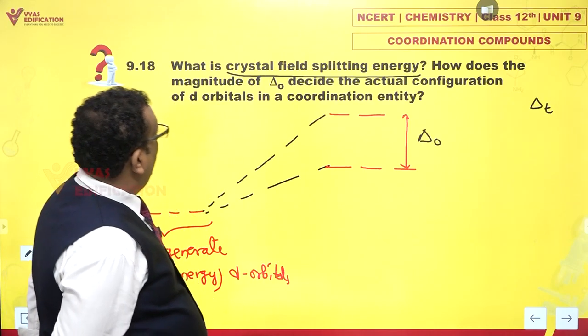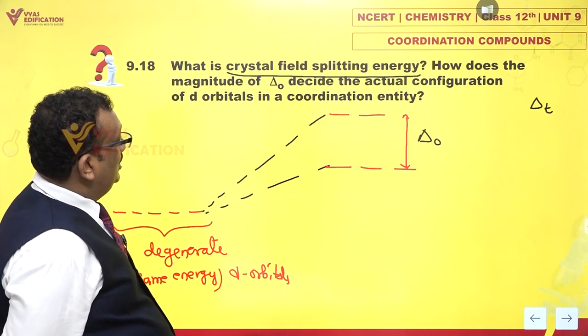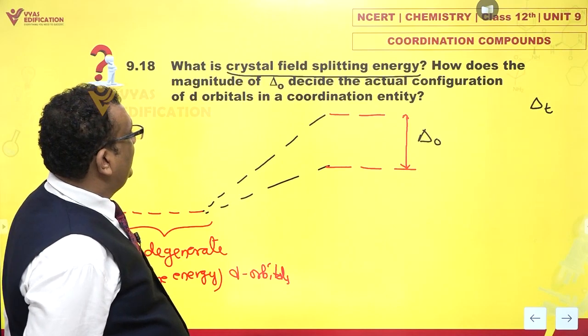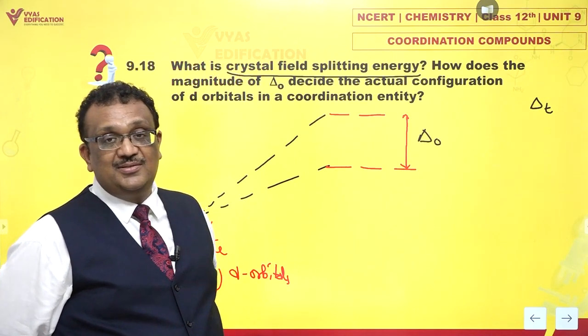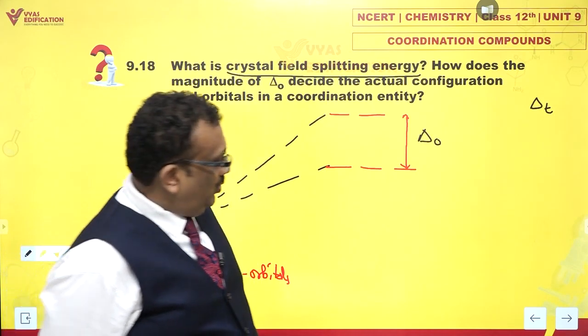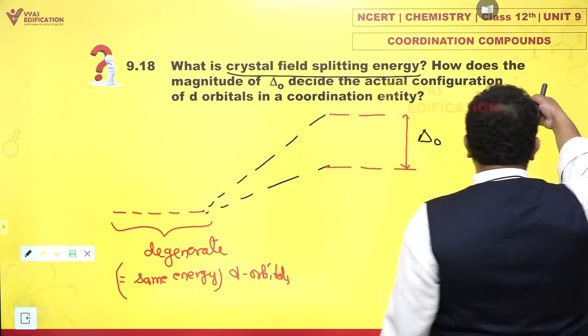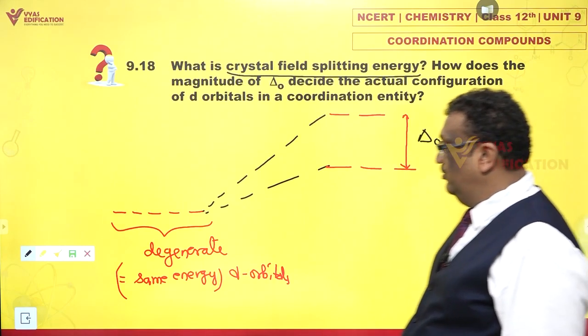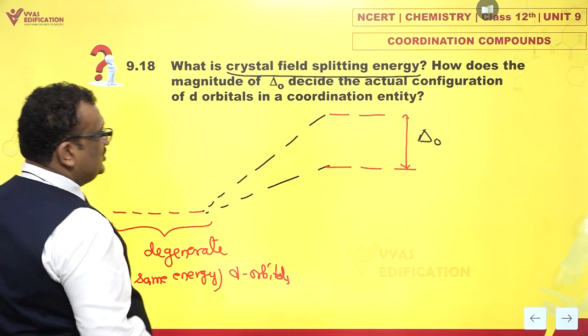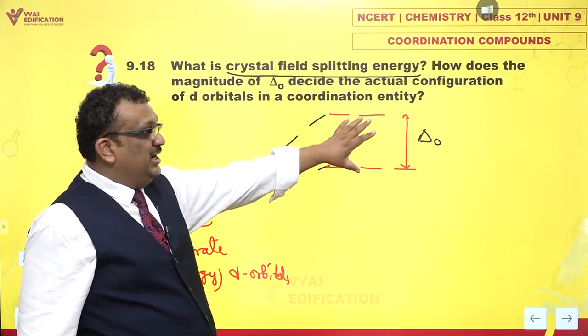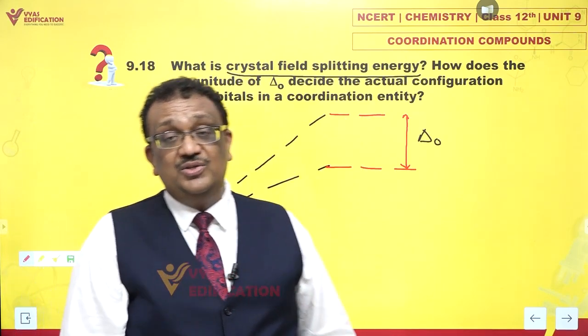The next part says, how does the magnitude of delta O decide the actual configuration of d orbitals in a coordination entity? Yes, very much it does. How? Watch this. There are 2 terms actually. First of all, as you could see, delta O may be small or it may be large.